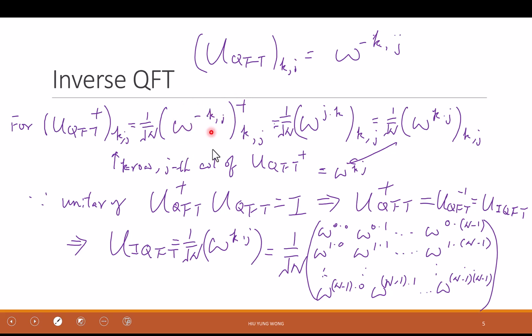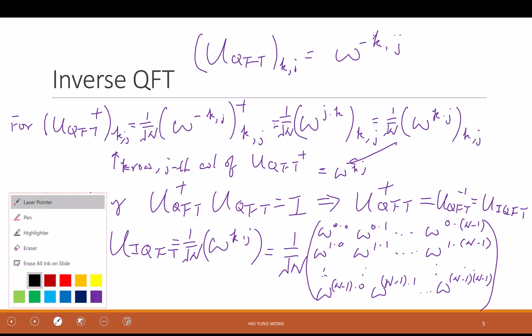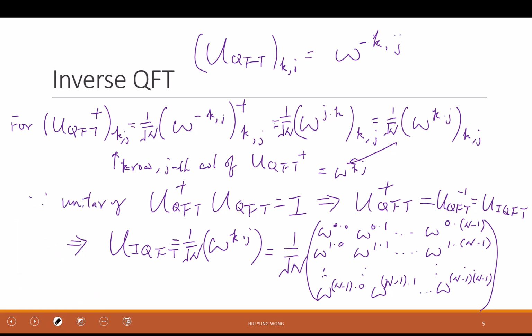So this is not a matrix. I should not put the dagger actually, but it means I take the transpose, swap k and j, and put the complex conjugate. And then I actually should not still talk about this kj here, right? Because this is an element already.